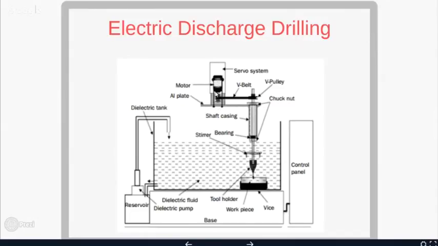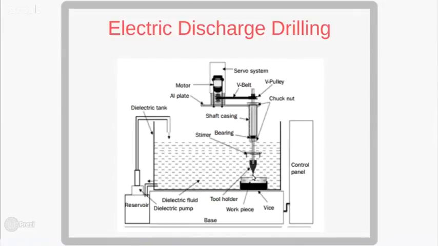Then place a motor here, and here is the cutting tool, right? So what happens in electro discharge drilling? The simple EDM process is there, electric discharge is there, as well as the electrode is rotating.